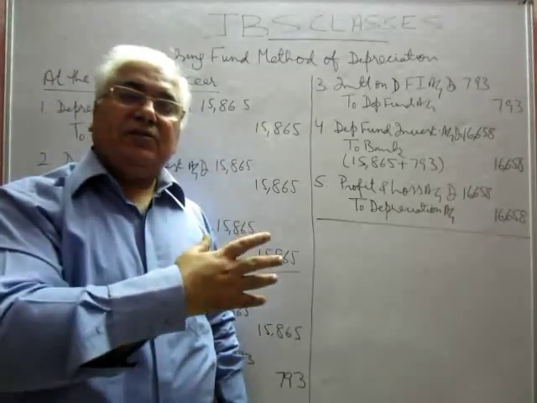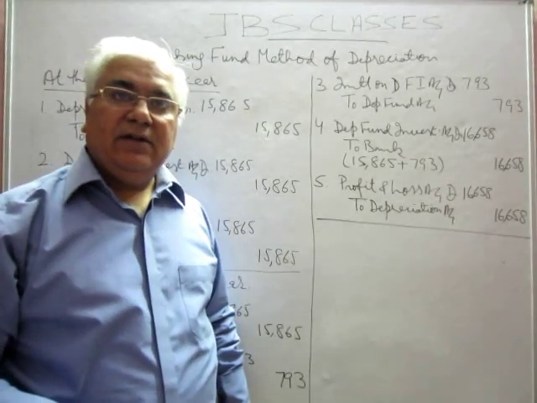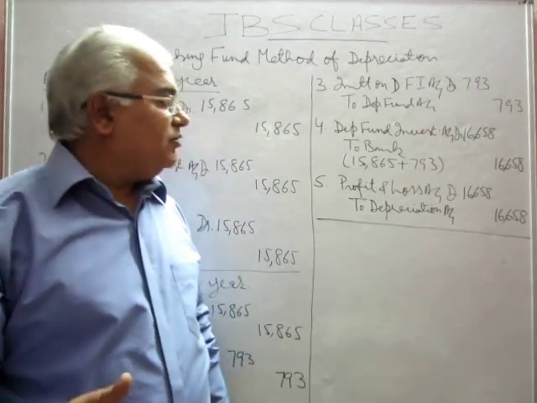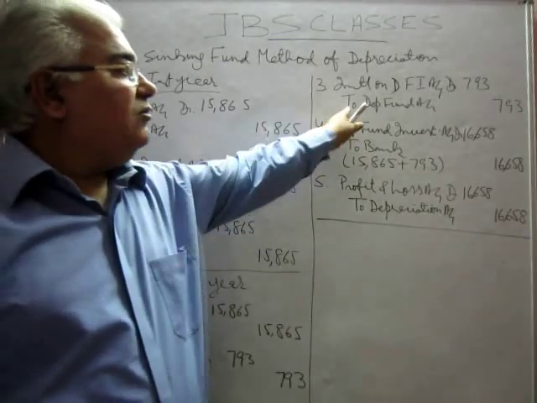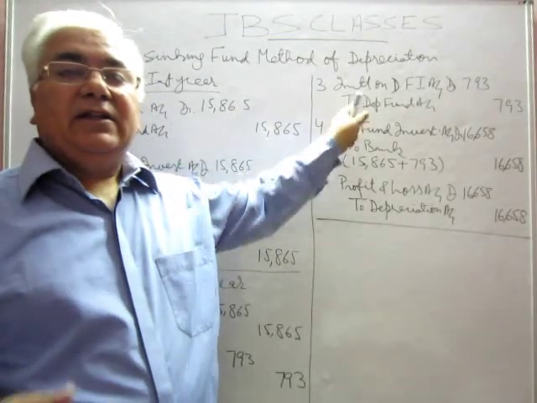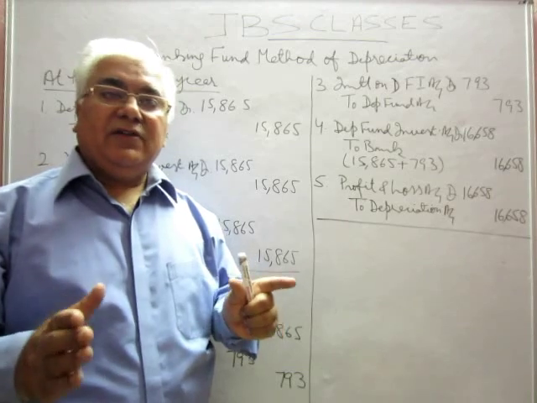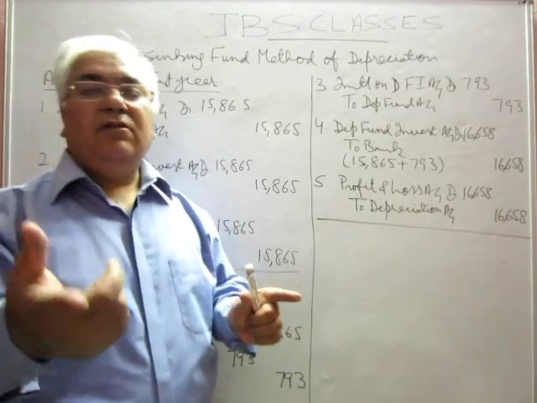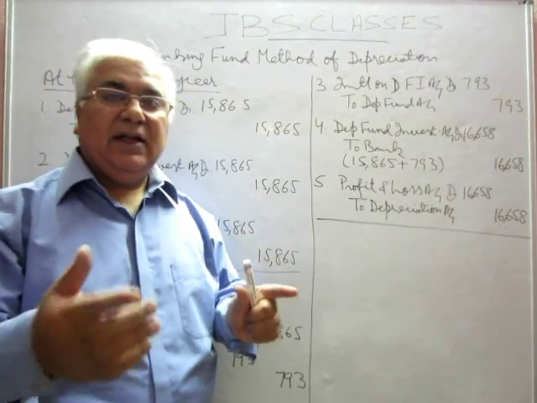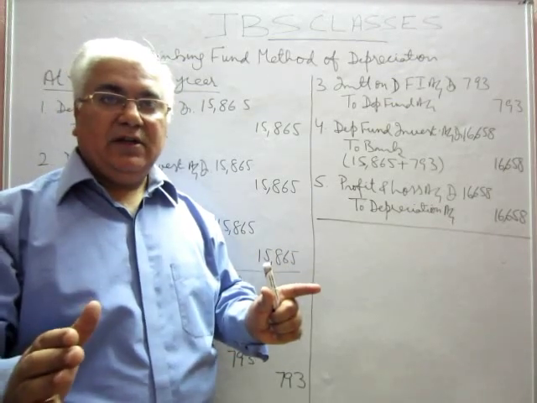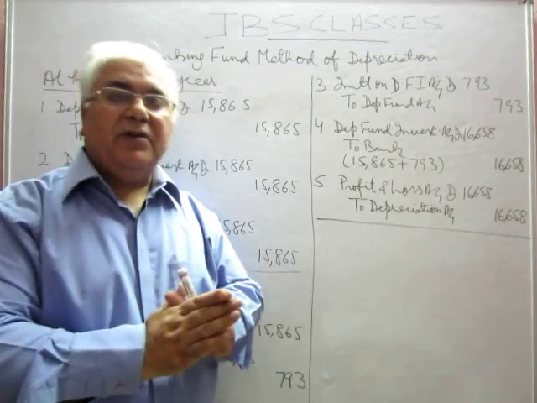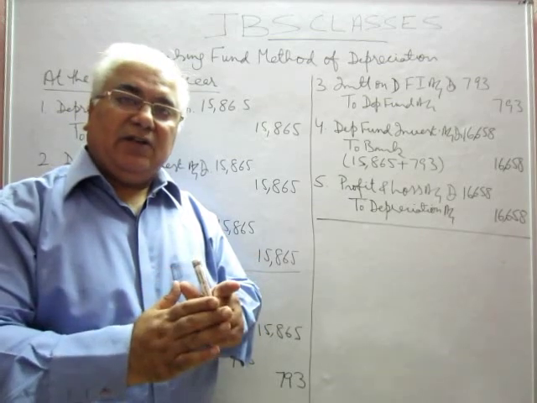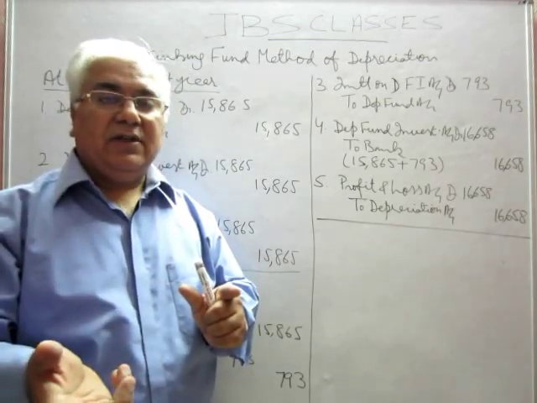All these investments, two investments, will be sold, and if profit is made, that again will be transferred to depreciation fund account. Then all the amount we have collected in the depreciation fund account will be credited to asset account, and then asset will be sold, and the profit made or the loss, whatever is at the debit or credit of the asset account, will be shifted to profit and loss account.